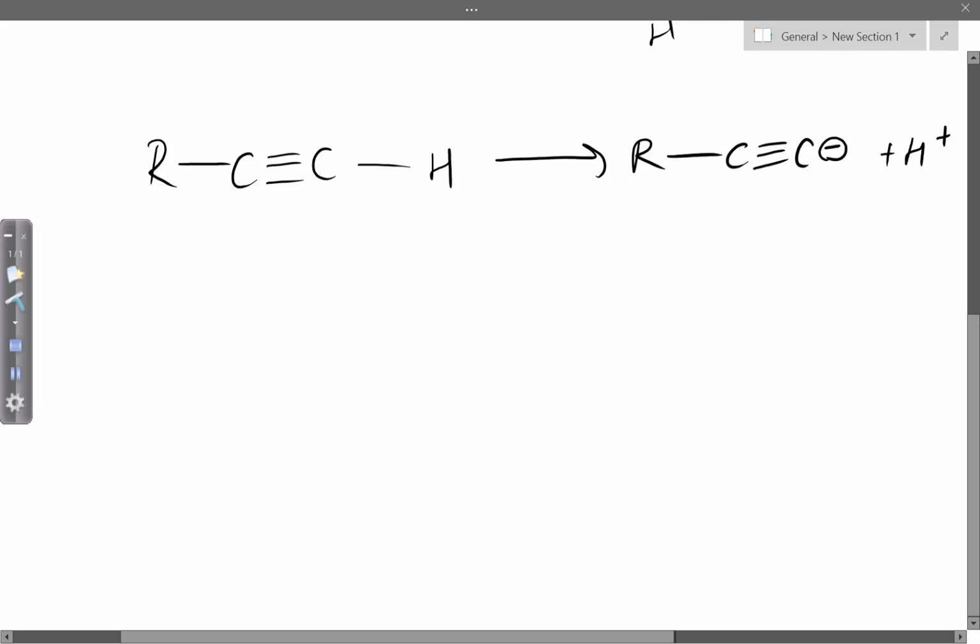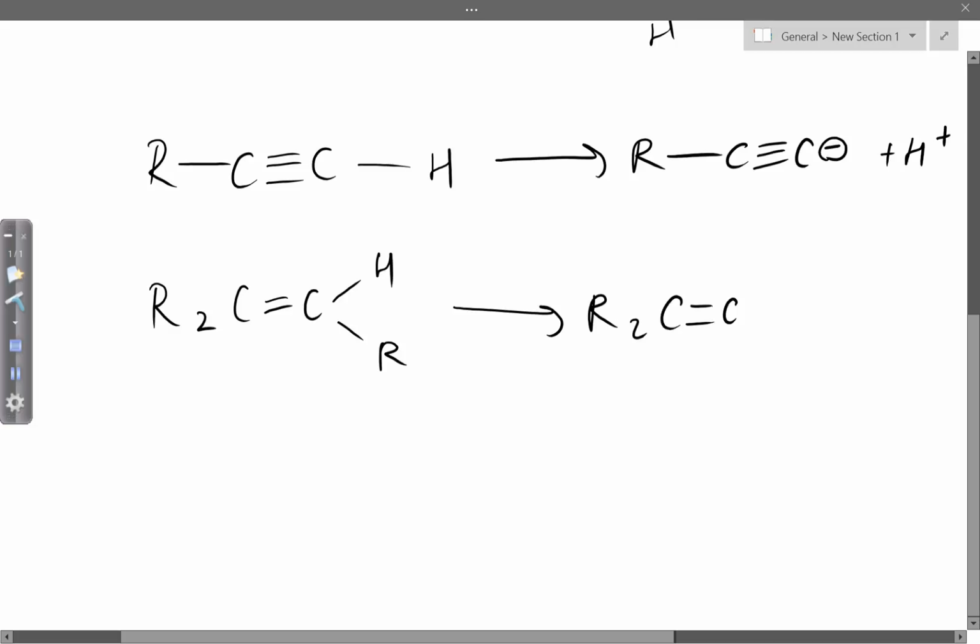Now for the alkene, same thing. Let's say you have these species, you can lose hydrogen to form this plus H plus, because acid base is about breaking an X bond, an H bond.